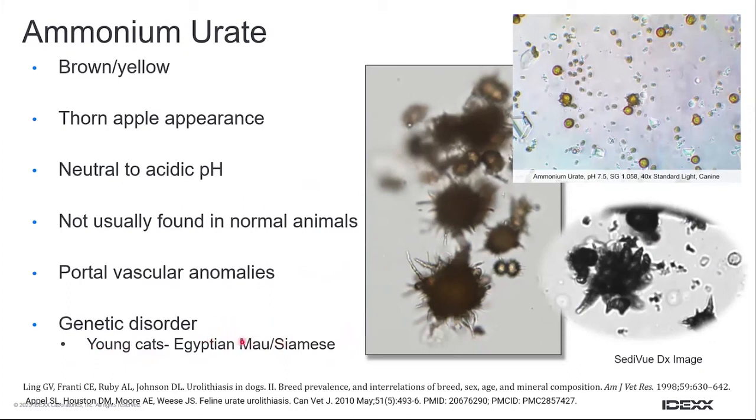So in anything other than these breeds, possibly in these breeds as well, the presence of urate means that you want to be doing a bile acid stimulation test to assess liver function, and also checking that the animal isn't on a really high purine diet, which otherwise could predispose towards this.